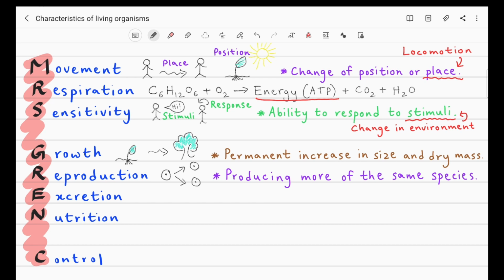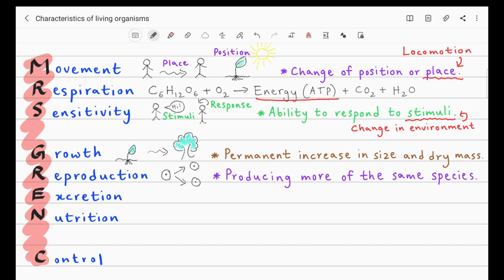An example is respiration over here, where carbon dioxide and water are metabolic waste. So, carbon dioxide, if allowed to accumulate within the body, could be toxic and harm a human, right? So, what happens is this carbon dioxide is removed from the body, and that is what excretion is all about.